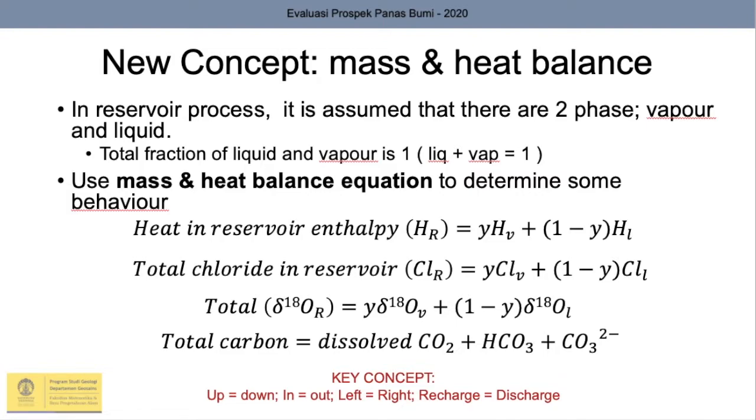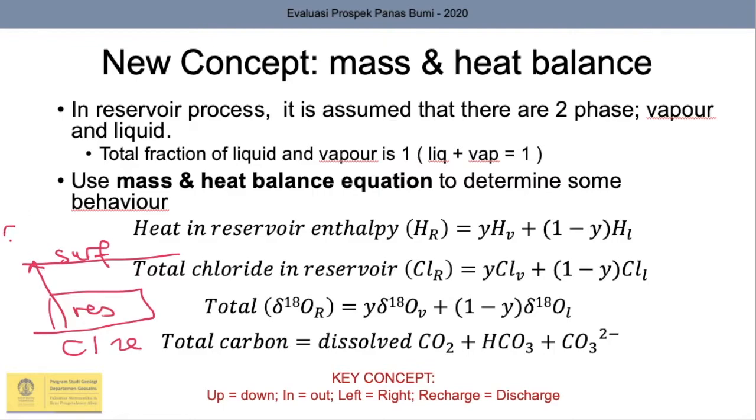So the key to this mass and heat balance is to make sure that you have an equal equation. For instance, if you have a surface here and a reservoir here, whatever happens in the reservoir will always be equal to the surface. Let's say you have a chloride of a certain amount X here, so whatever happens, the chloride should have the same amount on the surface as well.